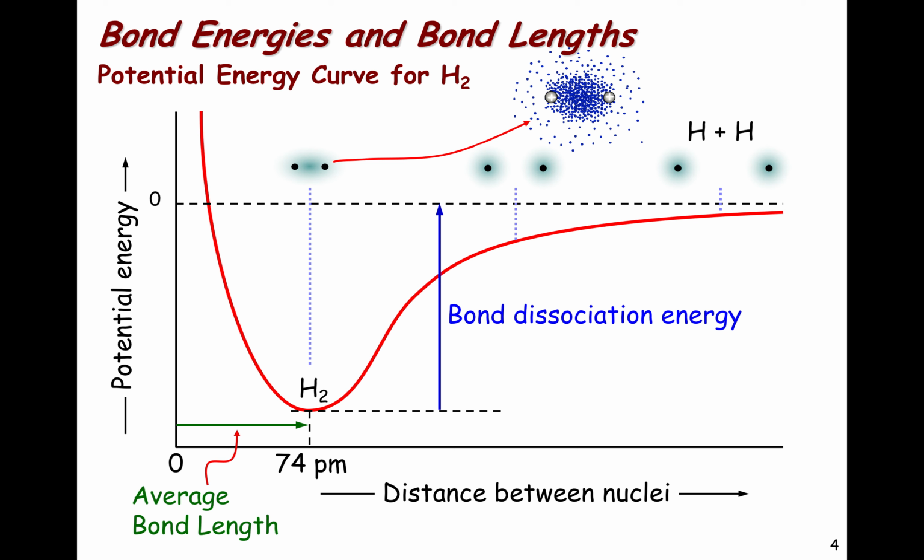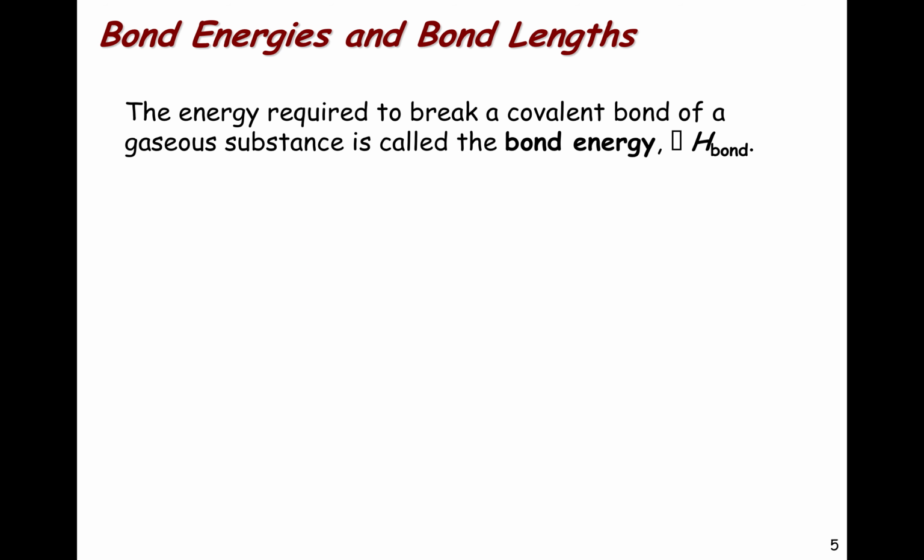So this energy difference between the most stable situation and when the two atoms are separated by a very large distance is often referred to as the bond dissociation energy. In order to calculate bond dissociation energy, we have to take into account the amount of energy that we have to put into the molecule to separate the atoms from one another and the number of bonds in the molecule.